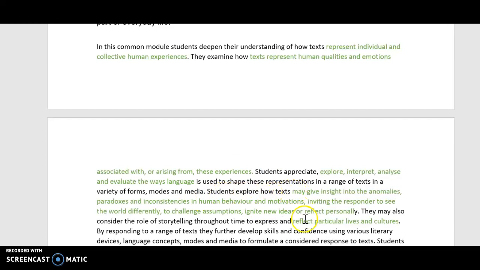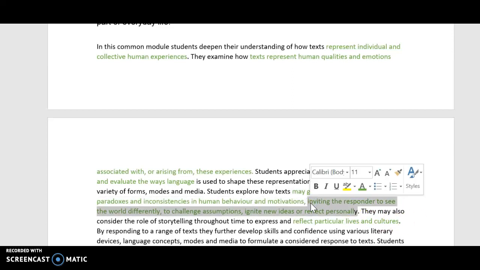And then here, students explore how texts may give insight into the anomalies, paradoxes, and inconsistencies in human behaviour and motivations, inviting the responder to see the world differently, to challenge assumptions, ignite new ideas, or reflect personally. Now, this part just here, I'm going to ignore for now because that's for your discursive. That's not for the informative, that's for the discursive.